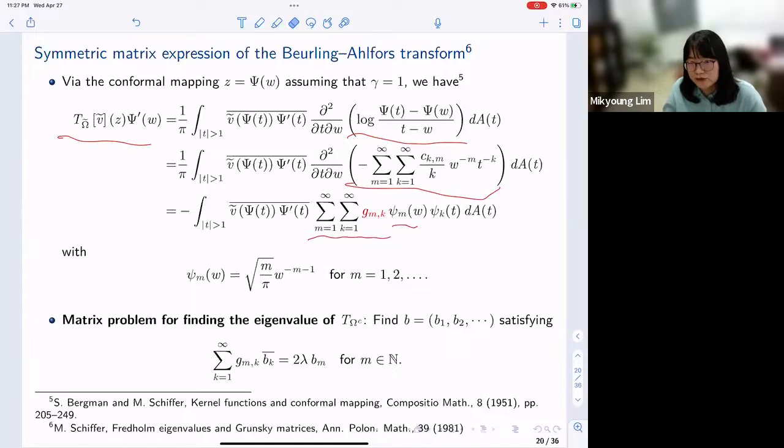I explained that g_{km} equals g_{mk}, so G is a symmetric matrix. So this provides a symmetric matrix expression for this T operator.